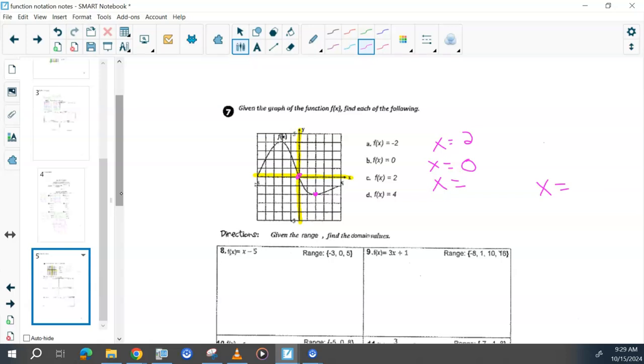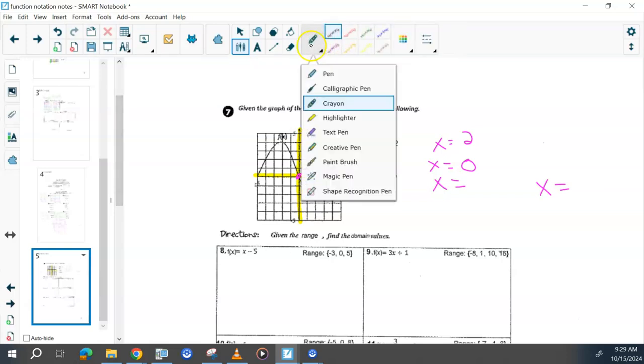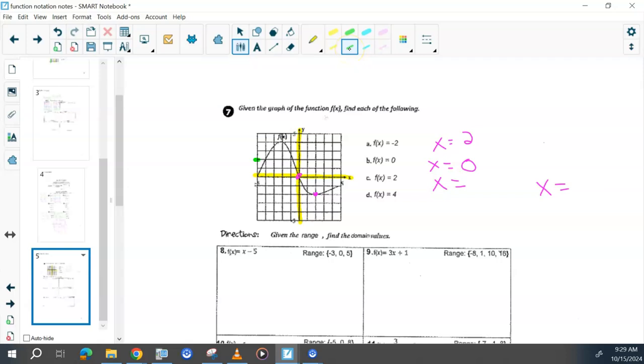I heard negative, what was that number? 2. Okay, so I heard negative 1 and negative 2. At 2, so on this line. There's a point right here, which is not quite at negative 1, so we have to make up a decimal for that.